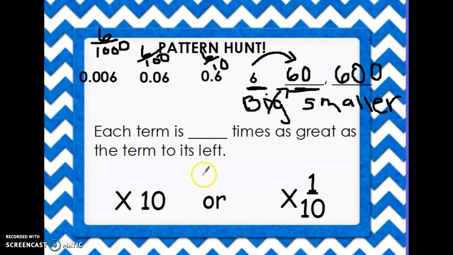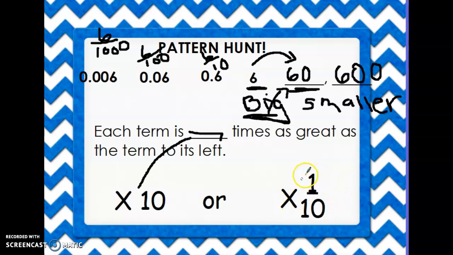So let's look at our two options for what our pattern could be. Down here it says each term is either times 10 as great or times 1/10 as great. If I look, my number went from 6 to 60, and you told me already that it was getting bigger. So I know that it's going to be times 10 as great.